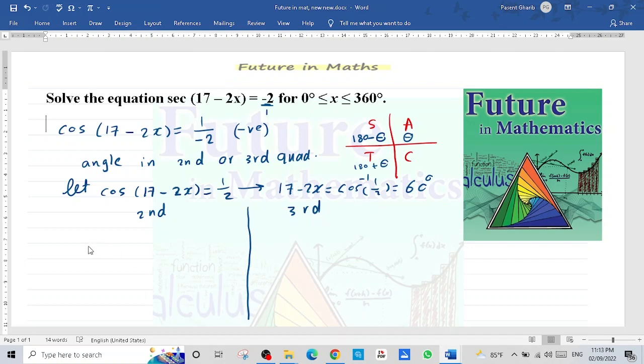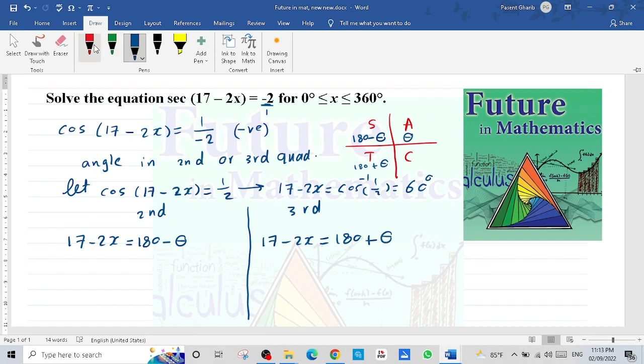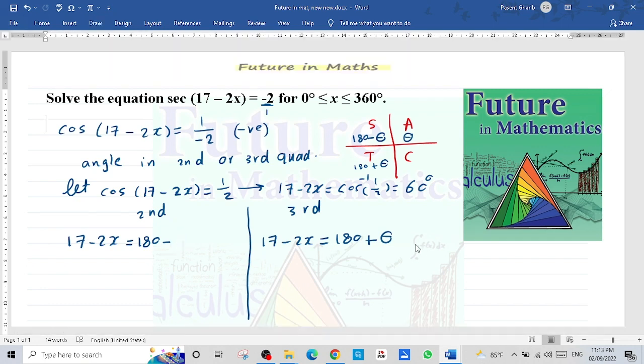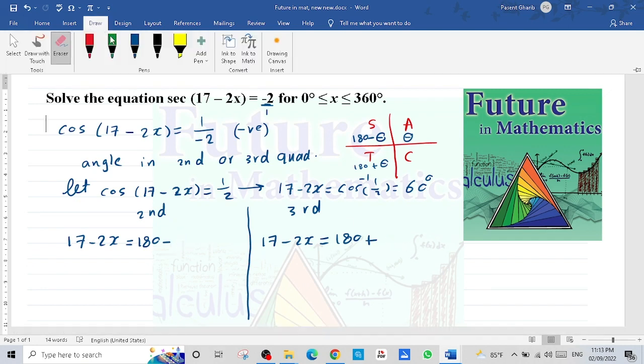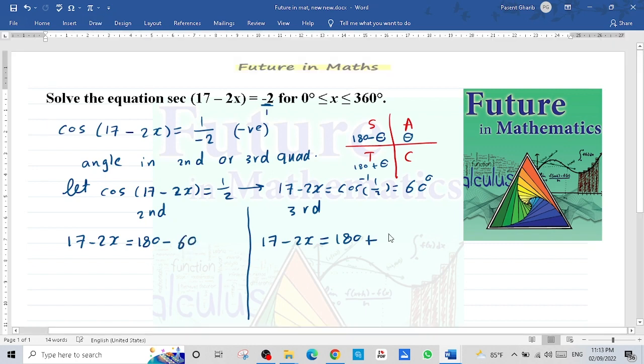In the second quadrant, we write 17 − 2x = 180 − theta. In the third quadrant, 17 − 2x = 180 + theta. What is theta? Theta is 60. So we replace theta by our acute value, which is 60.